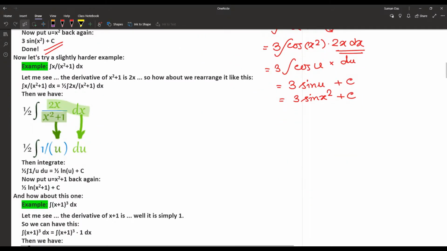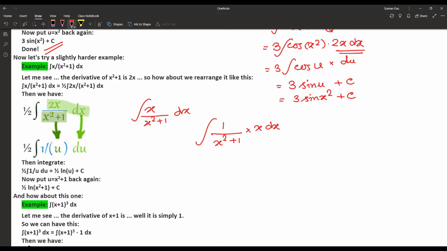Next problem. Suppose the integration given is x divided by x square plus 1. Now we may write it as 1 by x square plus 1 into x dx.